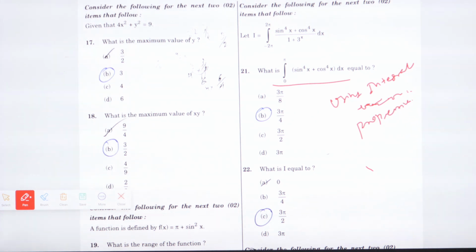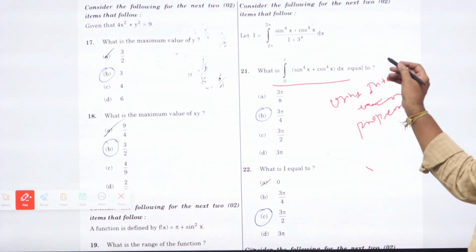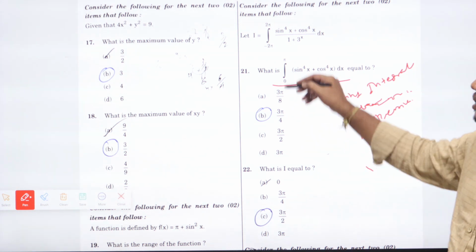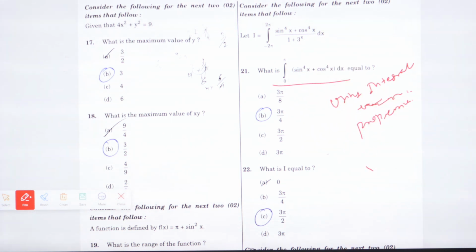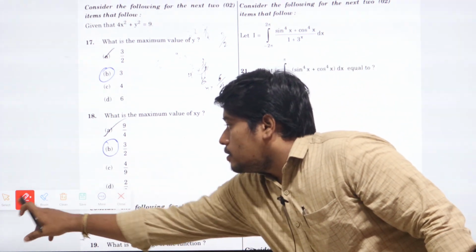Using some integral properties, sin⁴x changes to cos⁴x, and otherwise cos⁴x changes to sin⁴x. So we get the integral value as 3 pi by 4 with the limits from 0 to pi. So option B will be the right answer.